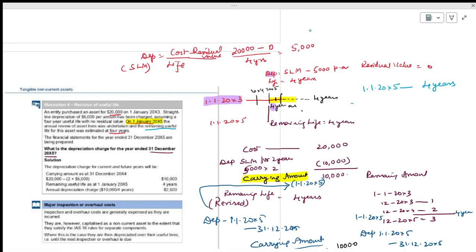Means first they said it is 4 years, then after 2 years, on 1st of 2005, they said that this is going to be 2 years, and from here to here it will be 4 years.